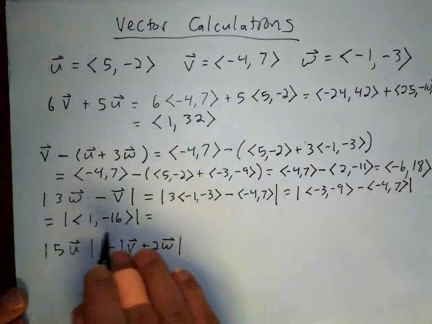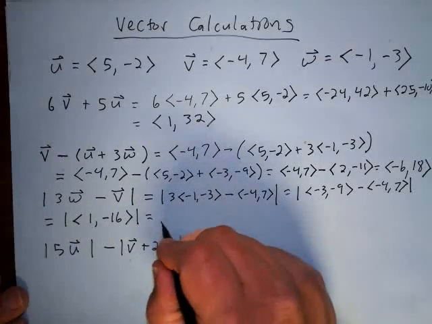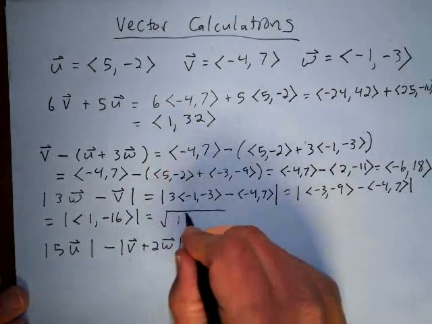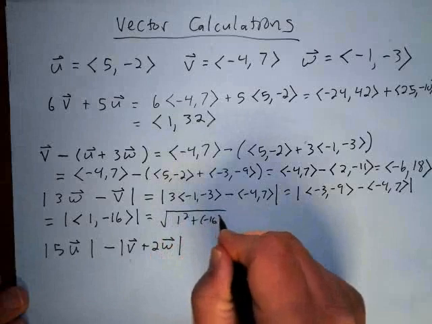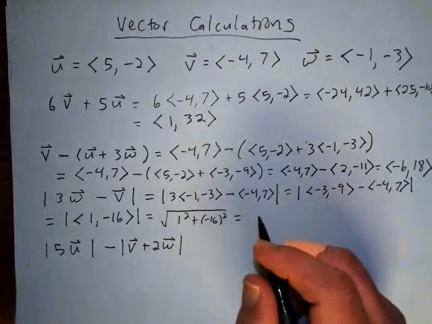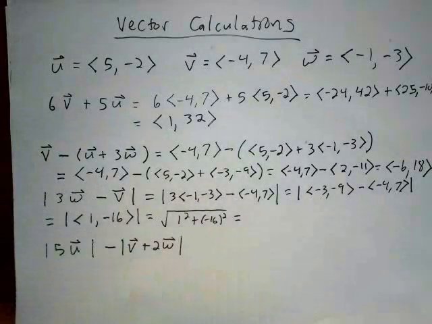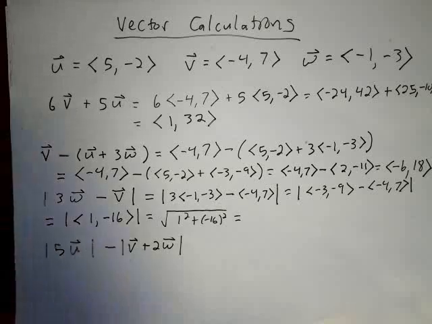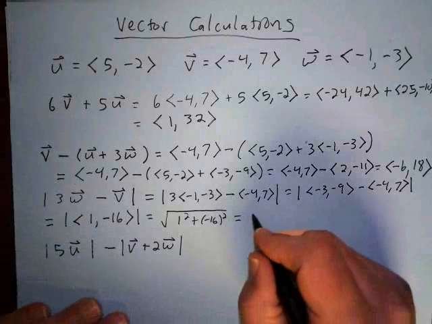Now I've got to take the magnitude of that vector. It's basically just 1 squared plus -16 squared. And I think 16 squared is 252. Let me just make sure. Or 256, yeah. For some reason 252 didn't sound right.